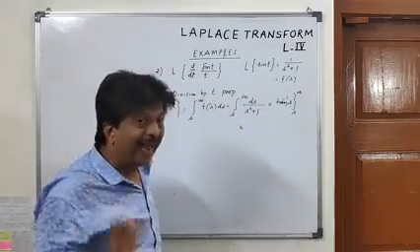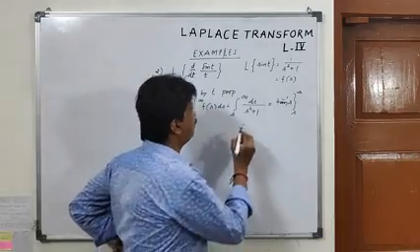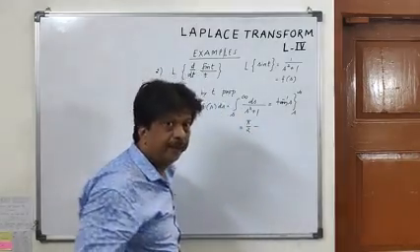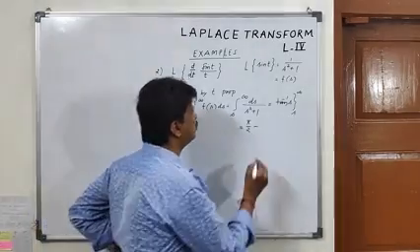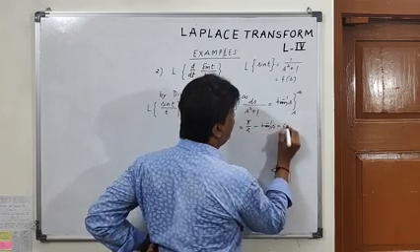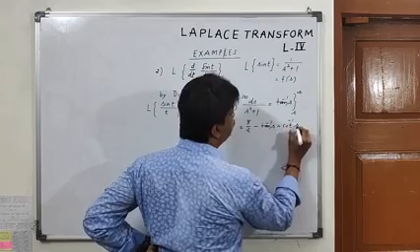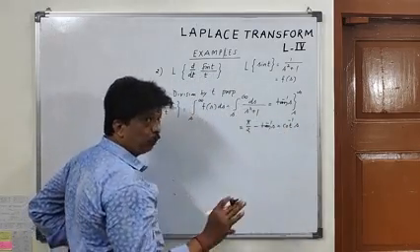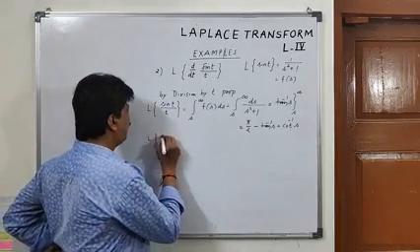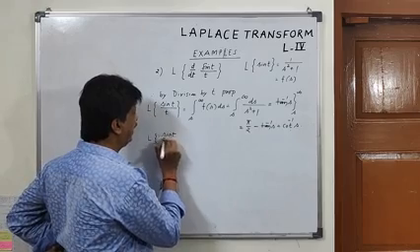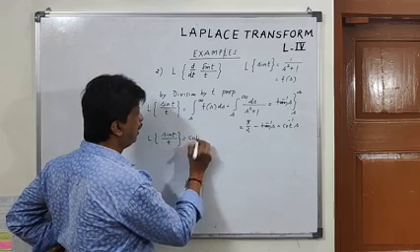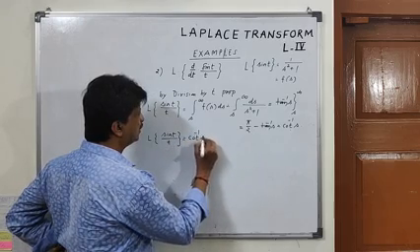For the upper limit, tan inverse infinity is pi by 2, minus. For the lower limit, s is equal to s, so it is tan inverse s. So pi by 2 minus tan inverse of s is cot inverse of s. So what we have seen, the Laplace transform of sin t by t is equal to cot inverse of s.